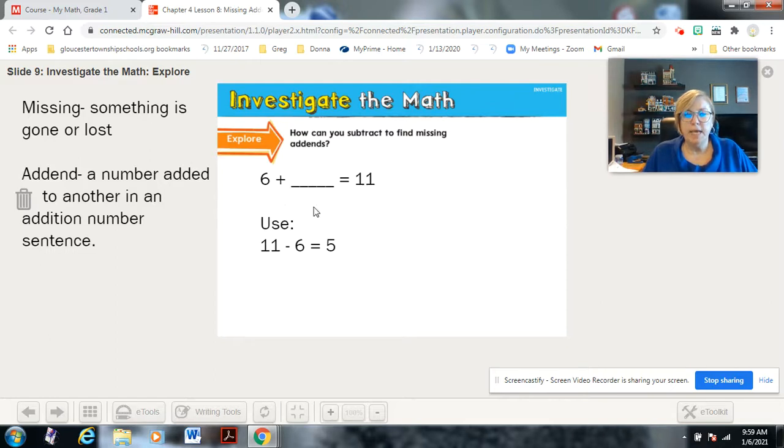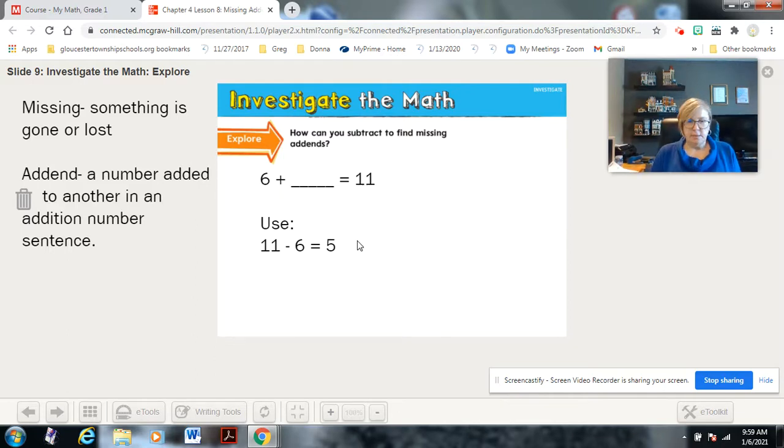We have a missing addend here. 6 plus blank equals 11. Well, if you recall, a couple lessons ago, we were starting to show how addition and subtraction were related, right? So here we go. Here's an addition number sentence with a missing addend.